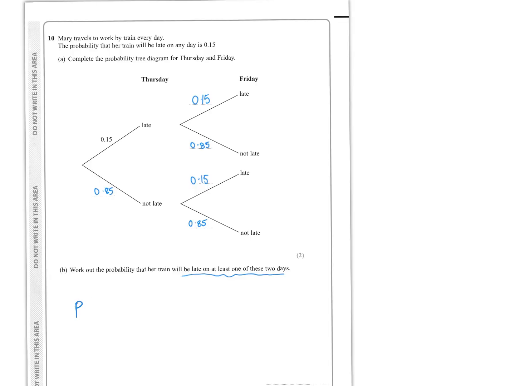So the probability of not being late on both days would be 0.85 times 0.85.